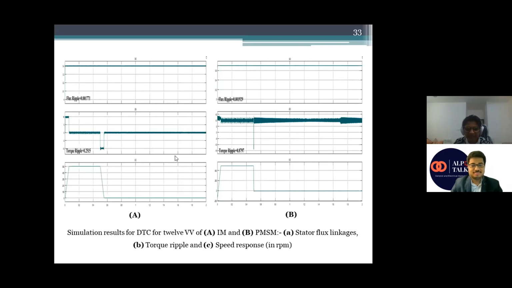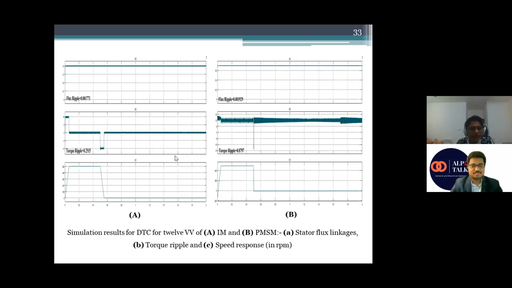It was, I think, 1.859 for PMSM and 1.2 something for the induction motor, which comes to 0.2515 and 0.8797 respectively in torque ripple.